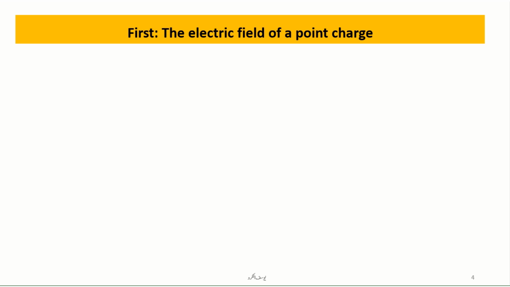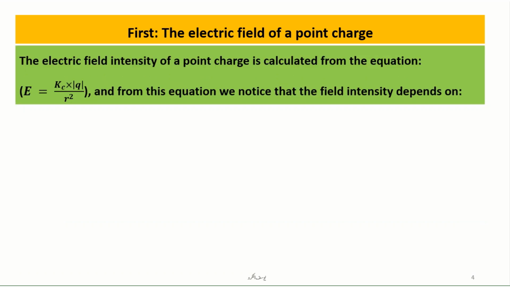First, the electric field of a point charge. The electric field intensity of a point charge is calculated from the equation E equals Kc multiplied by the magnitude of Q upon R square.